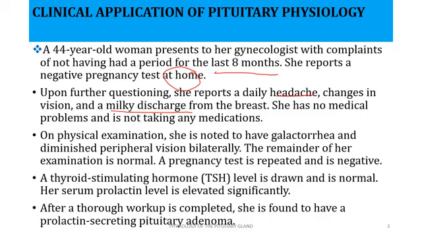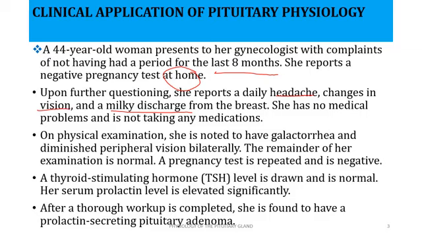Optic chiasma is the crossing point where the fibers of the two optic nerves from the eyes cross, and this point is in the anterior aspect of the hypothalamus, and the pituitary, we shall see, is below the hypothalamus. So when you have any pathology, particularly neoplasia, growing in the pituitary gland, it is likely to compress the optic chiasma and lead to visual disturbance.